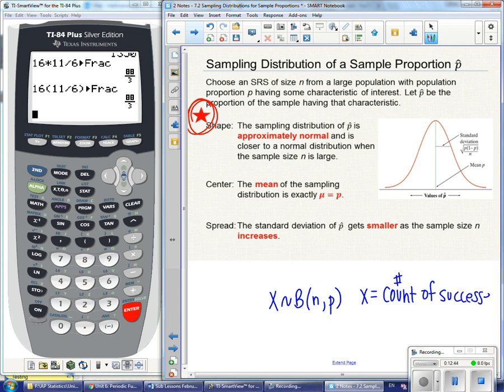When we're dealing with p hat, we're going to talk in a minute about how p hat is distributed, but p hat represents the proportion of successes. The setting is very similar to the binomial setting, except it's no longer the count of successes. Now we're dividing by the sample size.